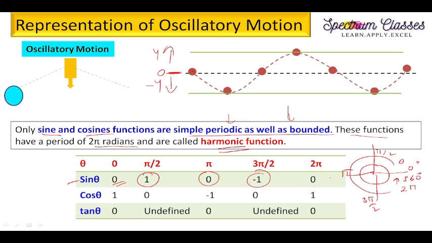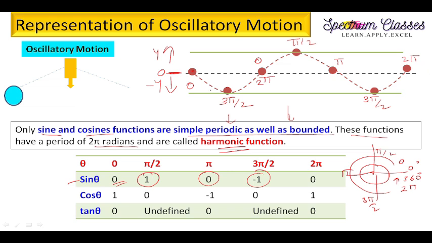After one cycle, the numbers repeat: 0, pi by 2, pi, 3 pi by 2, and 2 pi, right? So here you can see that the sine and cosine functions are bounded as well as periodic. They repeat themselves; 0 to 2 pi repeats again and again.